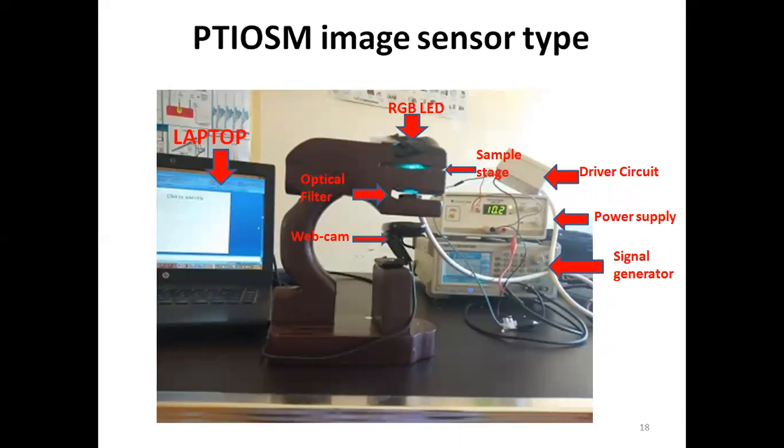The second prototype was what we are calling the photothermal induced optical scattering modulation image sensor type. Here, the light source, again an RGB LED, would illuminate the sample, and then an optical filter element, and then the transmitted beam would go to a webcam, which would capture a video clip of the sample, and the signal would be routed to the computer for processing.